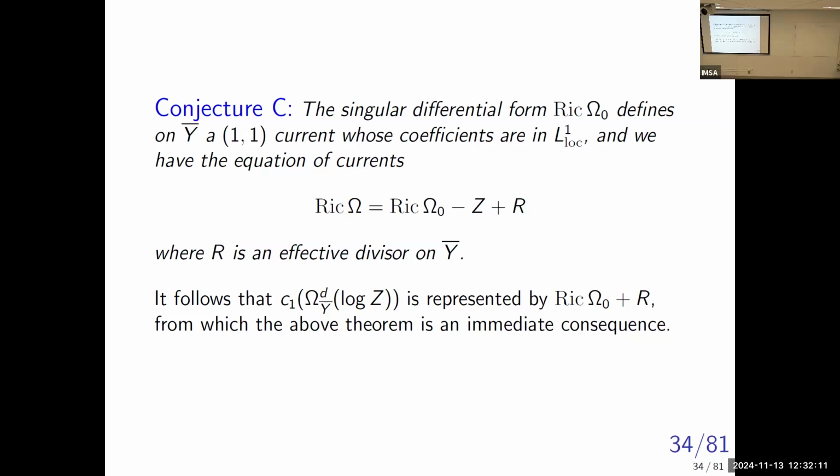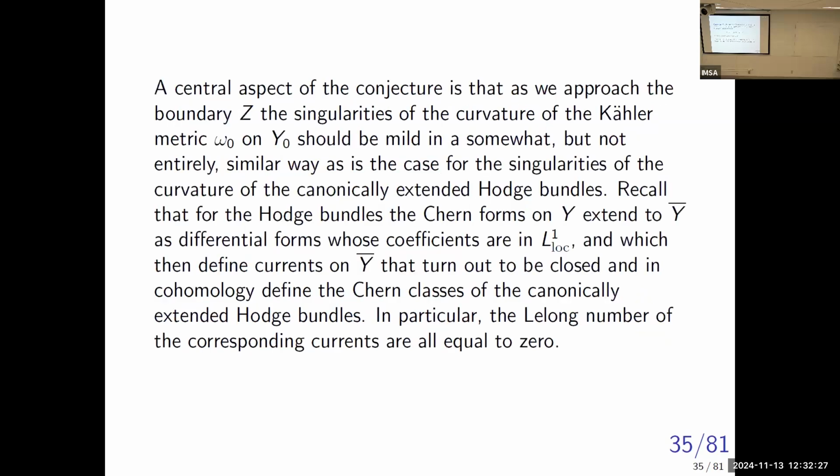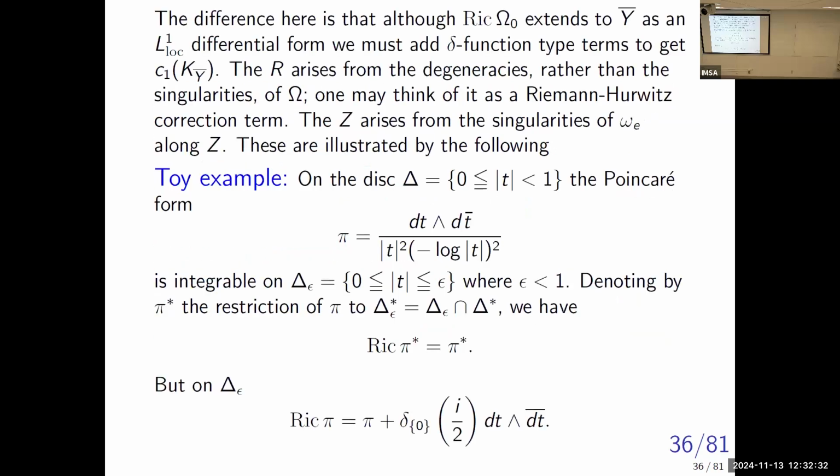So this is some sort of generalization of a Gauss-Bonnet type theorem for the canonical bundle to the parameter space for a family of Hodge structures.